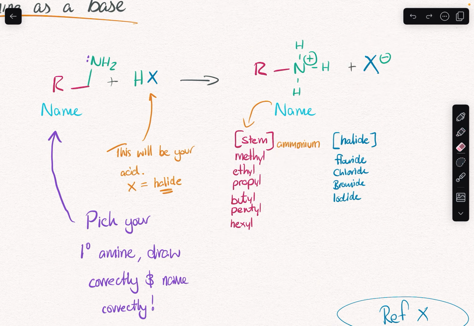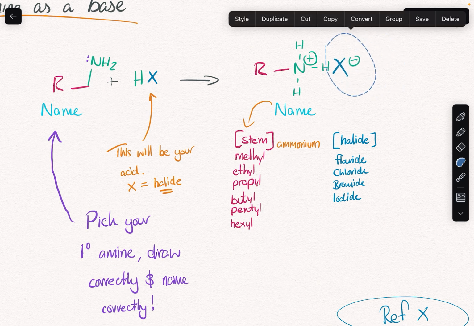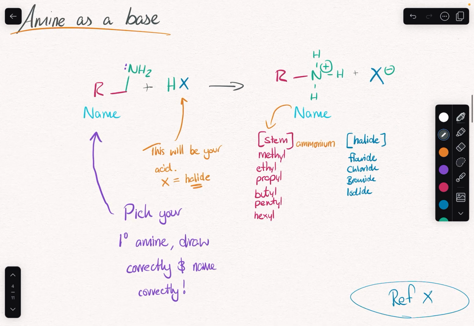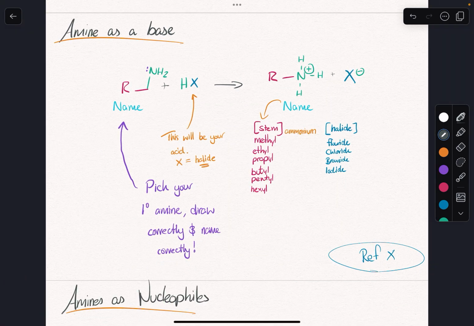It could also be correct for you to just get rid of that plus and have it like that. But it might look a bit weird in your assignment, so I would just have the plus, just to make things a bit easier. I've oversimplified this quite a lot, but I think this is the easiest way for you all to grasp that. And you can see there's not much information. I just need a good example, which has been drawn correctly and named correctly.